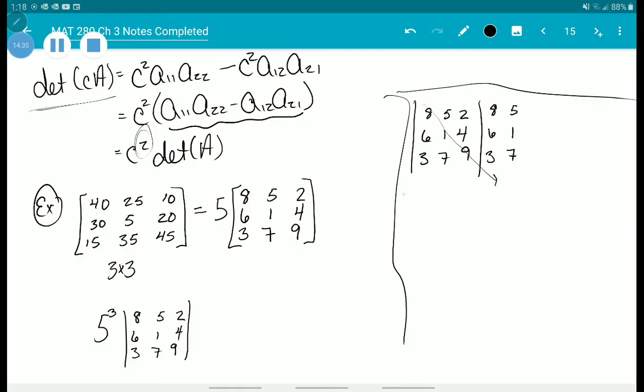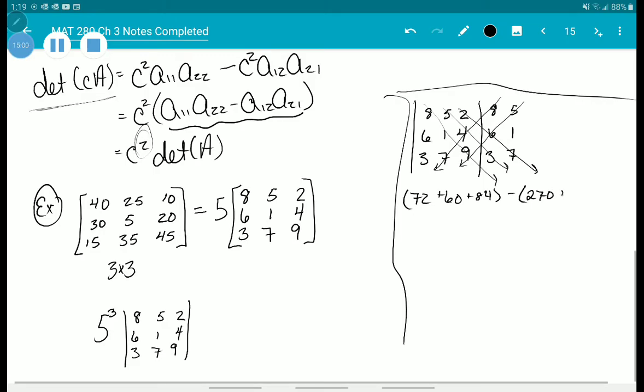So we're going to multiply 72 plus 60 plus 84 minus 270 plus 224 plus 6.